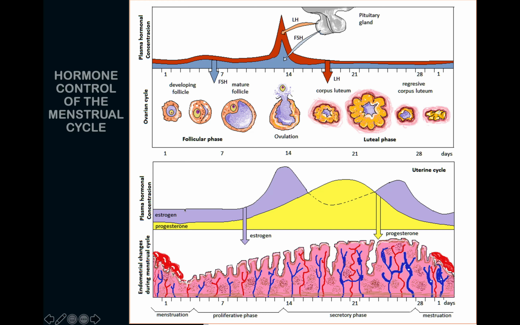When the estrogen levels start to rise, it has an impact on the endometrium lining of the uterus. The increasing amount of estrogen is going to stimulate the endometrium to thicken again. Okay? And what happens to the endometrium when the estrogen starts to stimulate it?